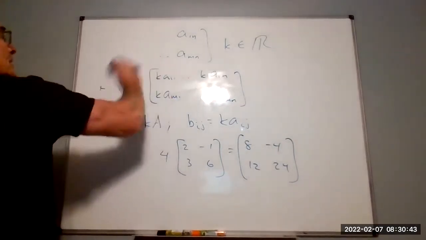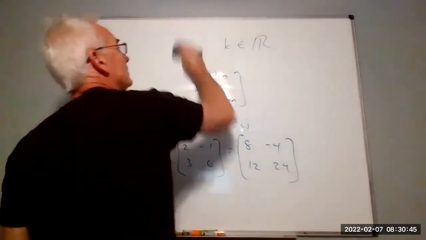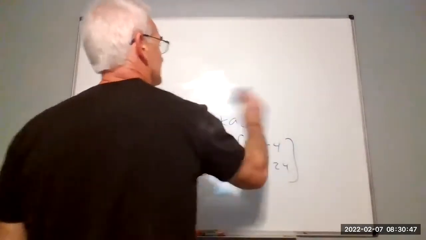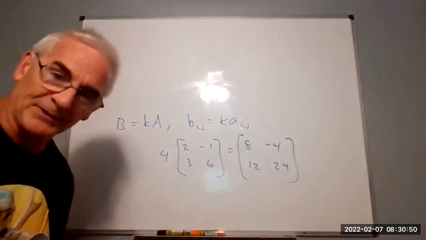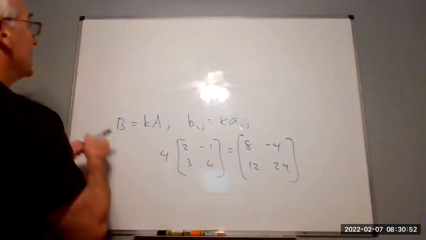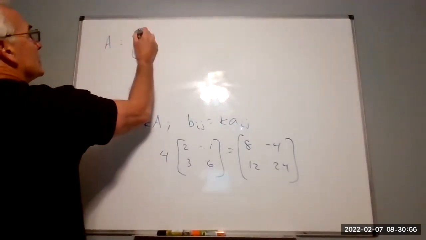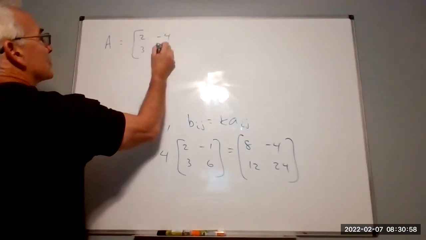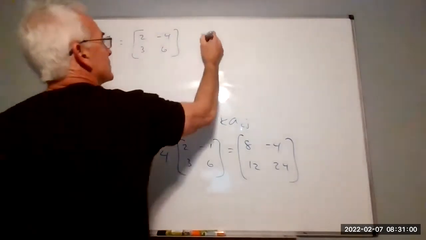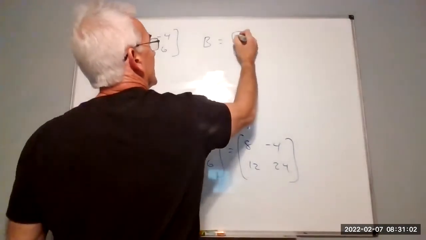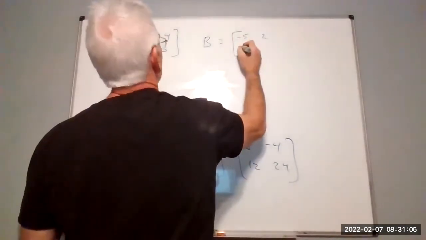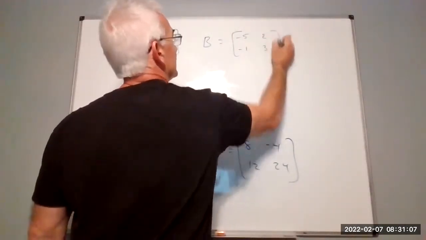So let's do a simple arithmetic example. Again, I'm using small matrices just so we can follow along. Let's suppose matrix A is 2, -4, 3, 6, and matrix B is -5, 2, -1, 3.